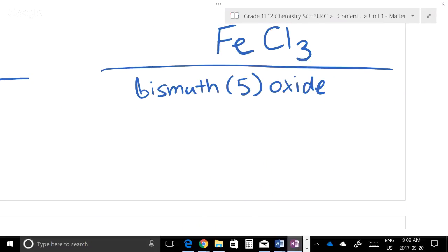Now we just call them 1 through 18, but they used to have 1, 2, and then 3, 4, 5, 6, 7, 8, A, 3, 4, 5, 6, 7, 8, B. These are the B's. It's just an old naming system for the periodic table. It is complicated. That's why they changed it to 1 through 18.